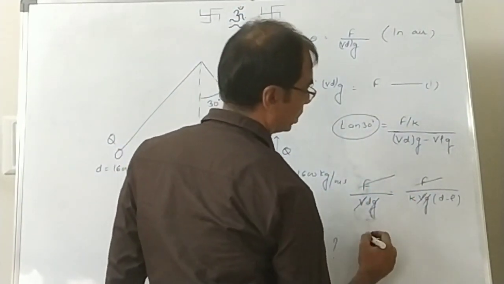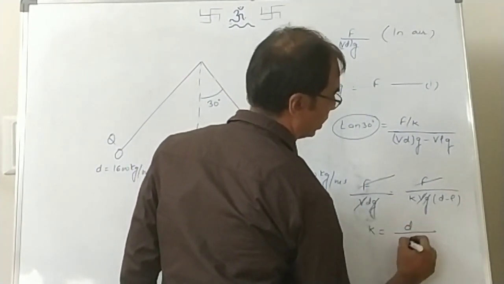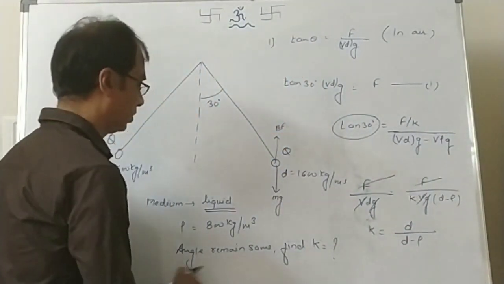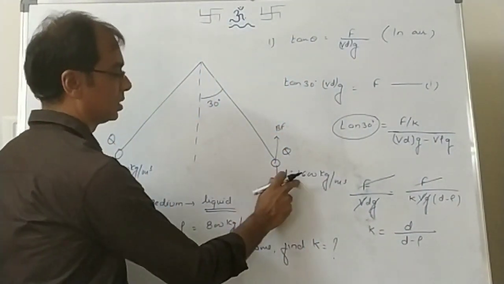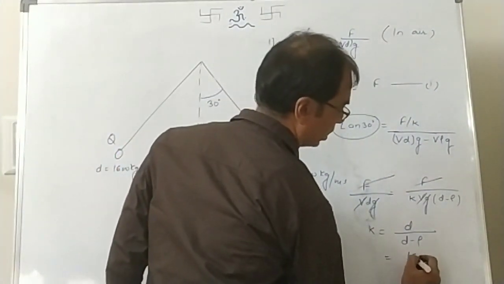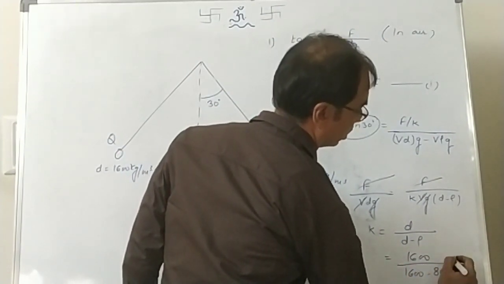So K equal to what? K equal to d by (d minus rho). What is d? d is given as 1600. And what is rho? 800. So 1600 by (1600 minus 800). Answer is 2.